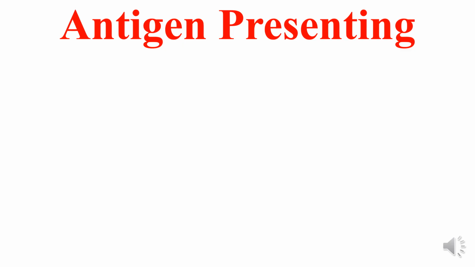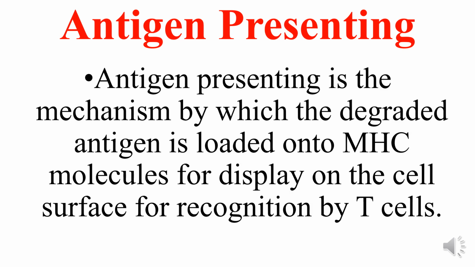So the next slide tells us about antigen presenting or antigen presentation, which is a mechanism by which the degraded antigen is loaded onto the MHC molecule for display on the cell surface for recognition by T cells. Once again, we will take a look at an attractive diagram.